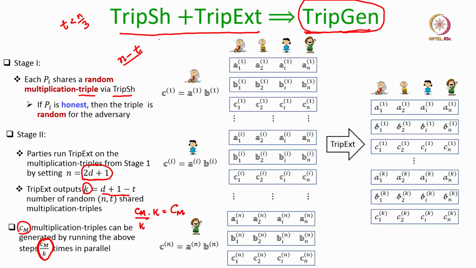Now, everything boils down to how exactly we get this triple sharing protocol and this triple extraction protocol. From the description it is easy to see that this framework is very generic. Give me any triple sharing instantiation and any triple extraction instantiation with the properties mentioned earlier, and by stitching them together in this fashion we will be able to get Cm number of random secret shared multiplication triples.